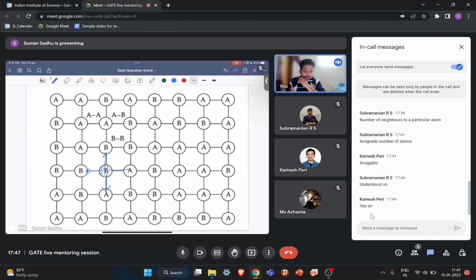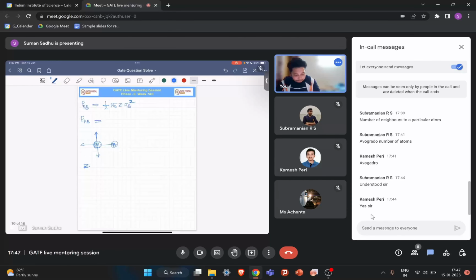So the probability of finding A atom nearest to this will be Xa, because you have Xa mole fraction of your A atom. So this will be multiplied by Xa. When you are saying probability of finding A atom nearest to any B atom, it will be multiplied by Xa.